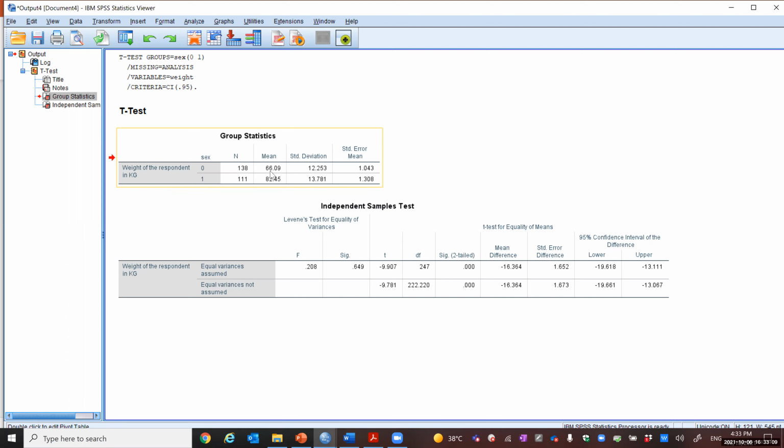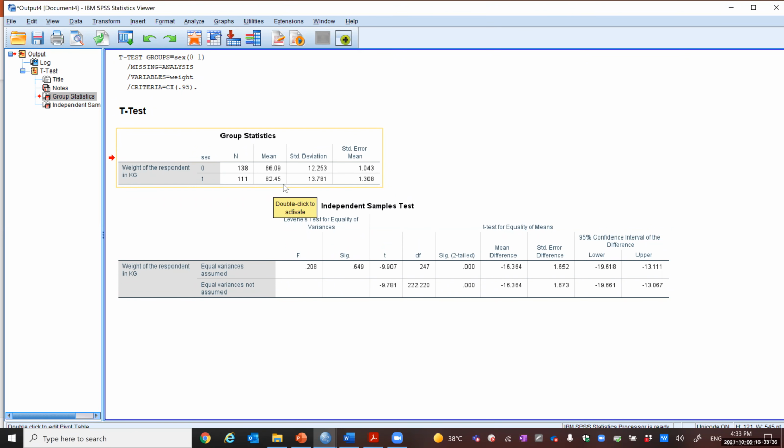Okay, let's take it this way. So the 0 group, which is female, has a mean weight of 66.09. The male group, represented by 1, has a mean weight of 82.45. And these are the standard deviations of each group.